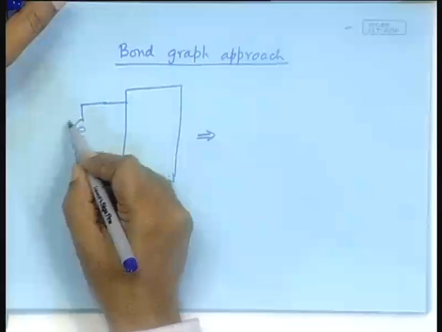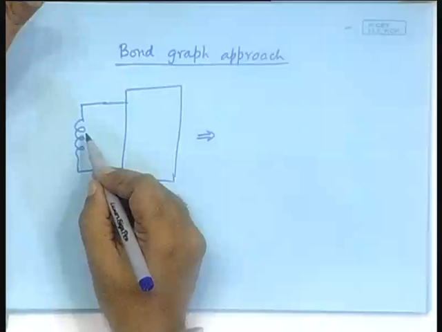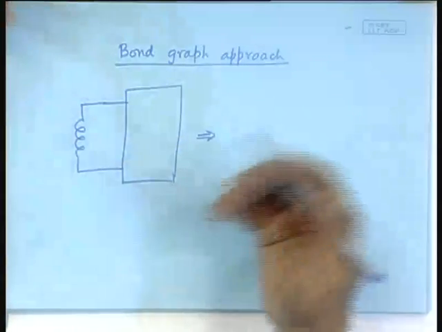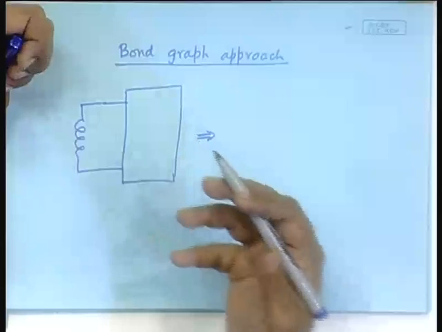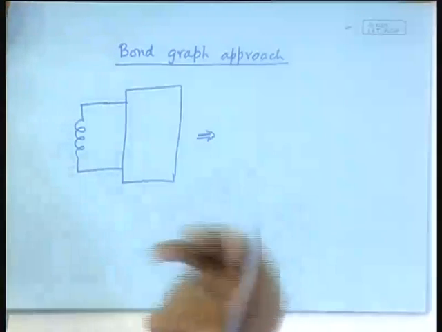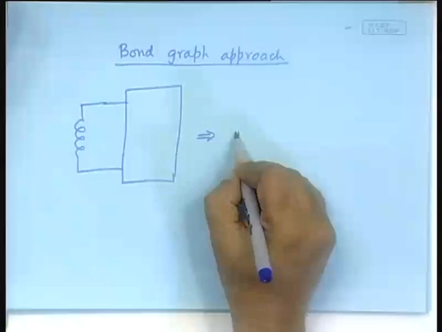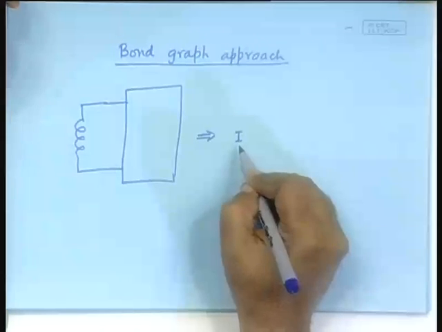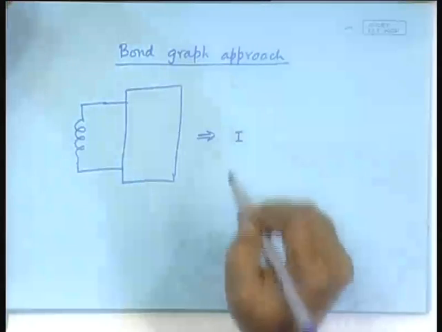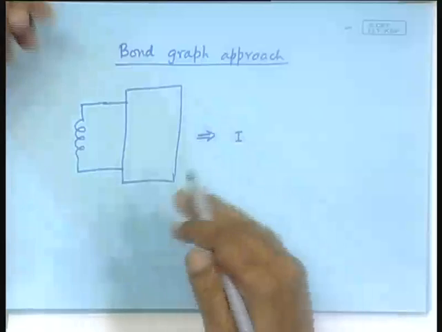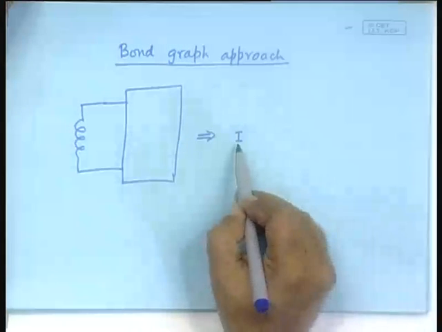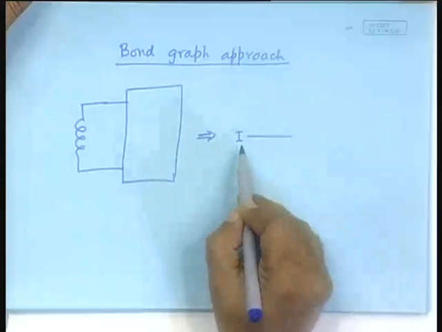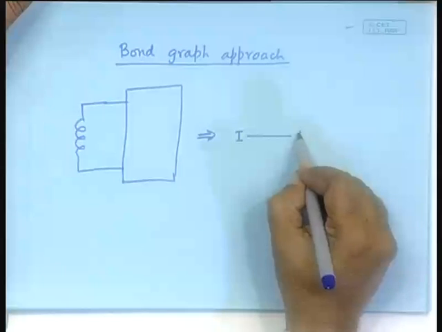the inductor is an inertial element. We have already learned that, right. The general representation of an inductor or a mass or a moment of inertia is I, meaning not current, it is an inertial element in that sense. In this representation, this will be connected with a bond to the rest.